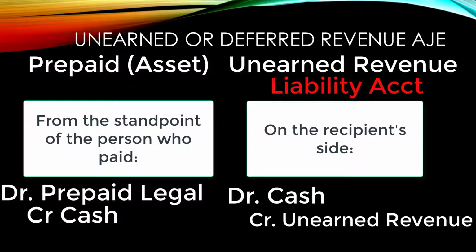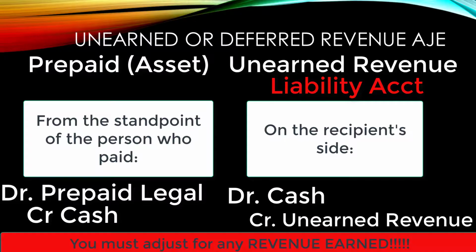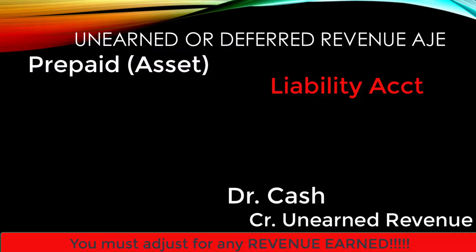The unearned account is a liability account. This often throws students because of the lack of the word payable in the account name. Read more about this in your textbook, and of course we will practice this in class.